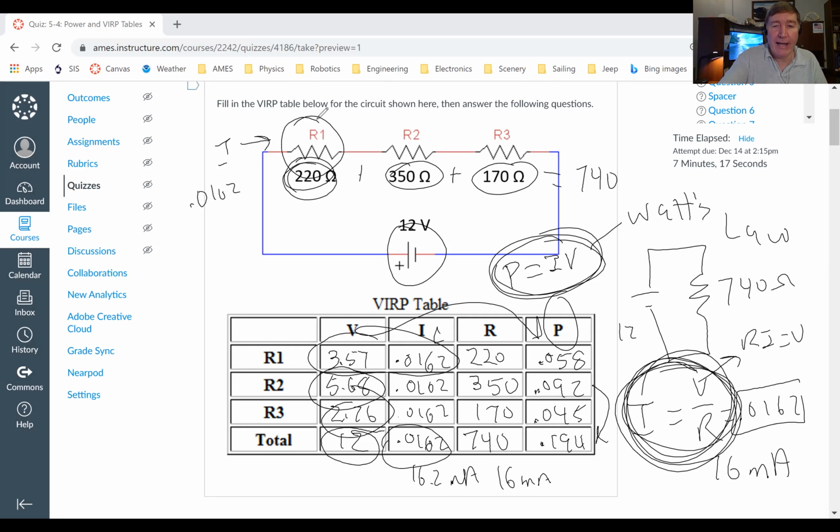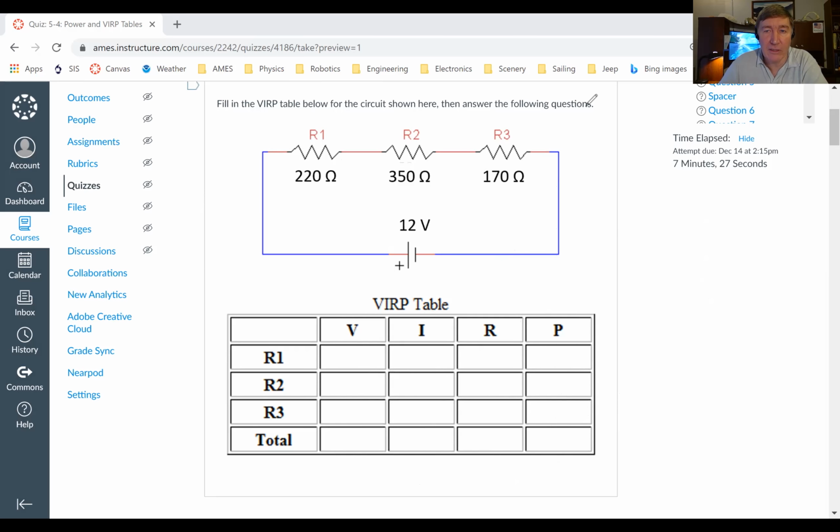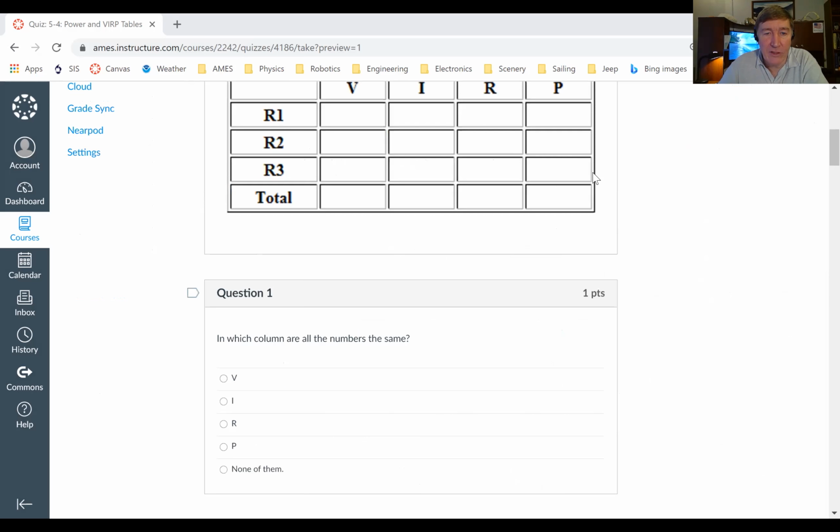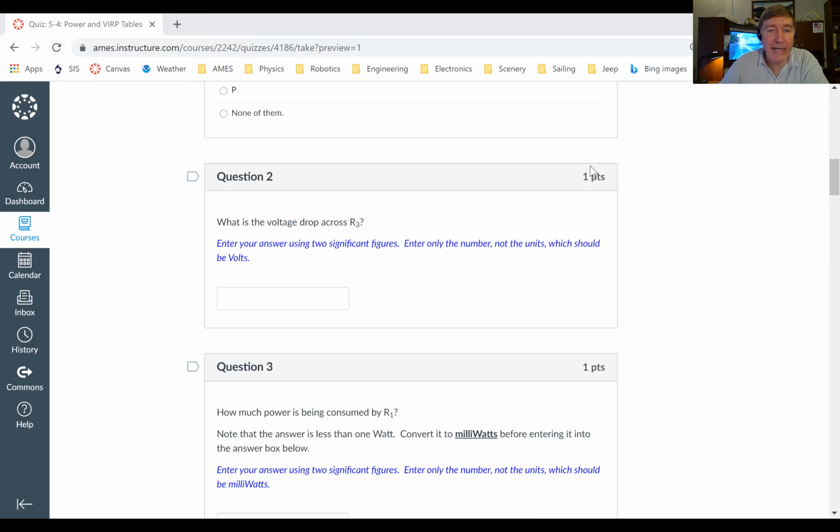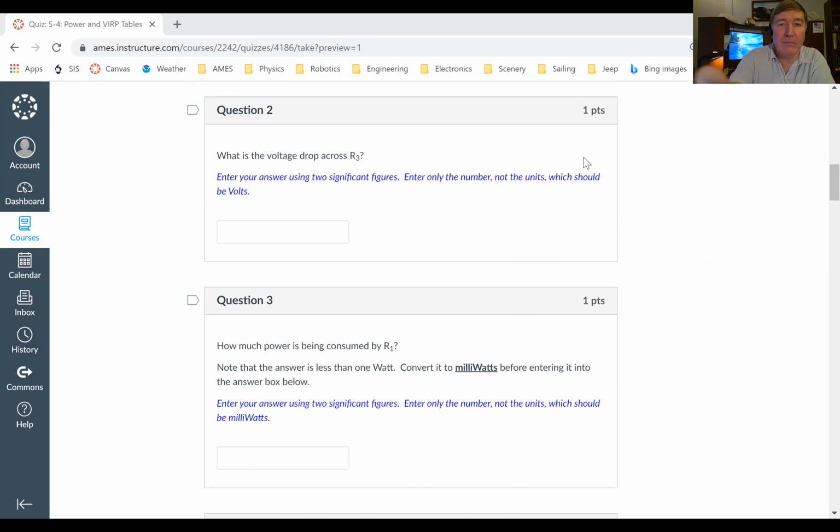So whether I add these together or multiply these, I'll get the same answer all the way around. Okay, so that is how VERP tables work. Now, when I type my numbers in here, notice I specifically said I want 2 sig figs, so I have to round the number off appropriately. So be careful about that.